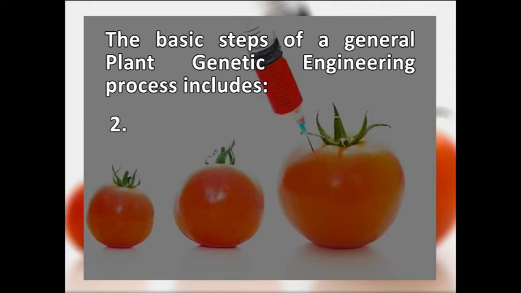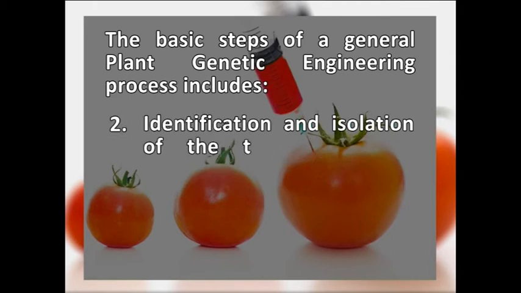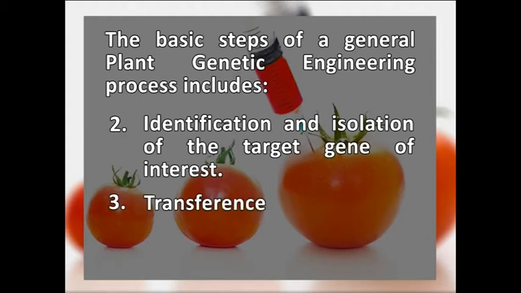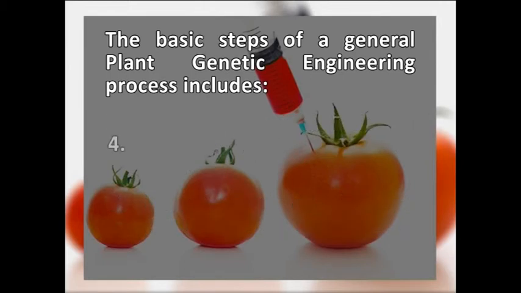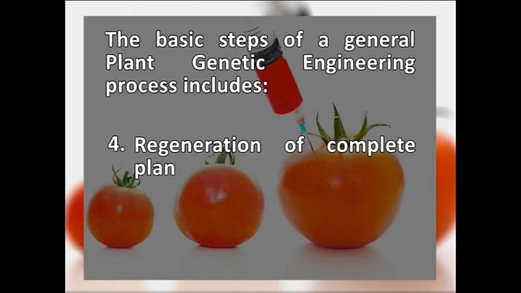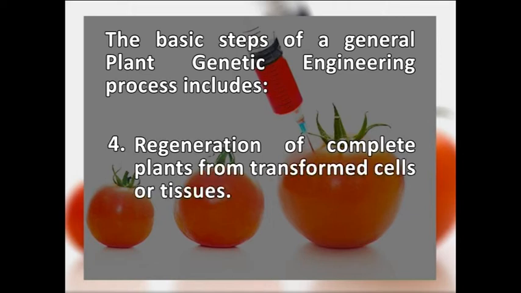The second step is identification and isolation of the target gene of interest. The third is transference of isolated gene to the host plant cell. And the last step is the regeneration of complete plants from transformed cells or tissues.